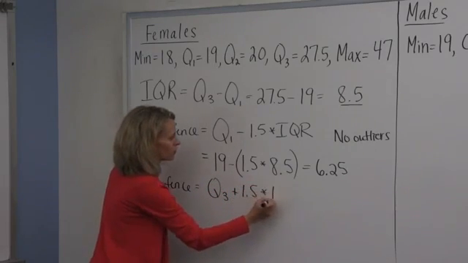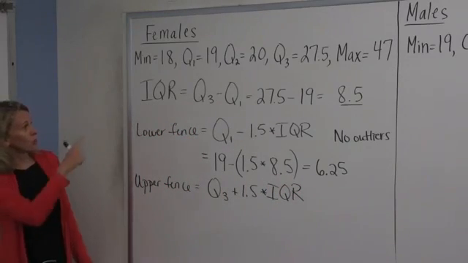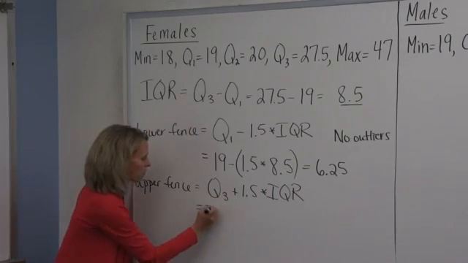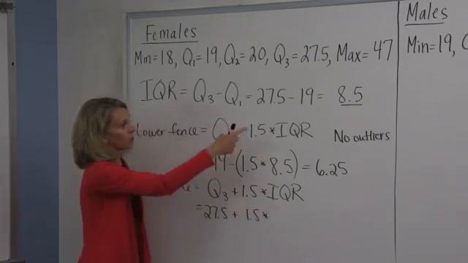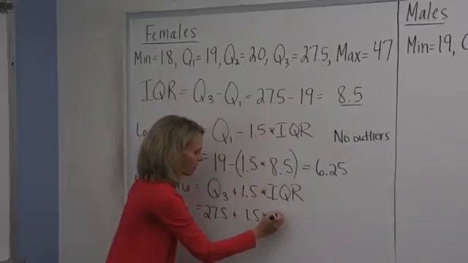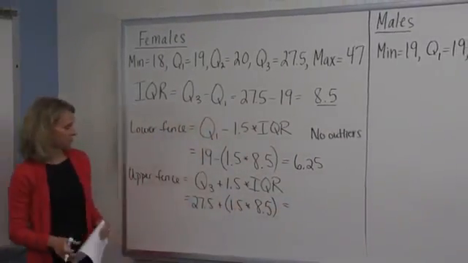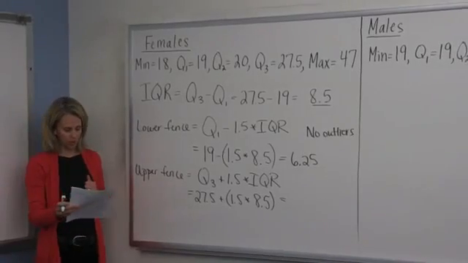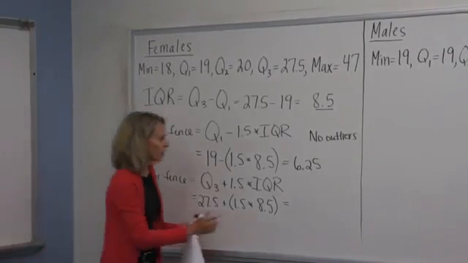So here was our formula. Q3 was 27.5, and we add to that 1.5 times the interquartile range, which was 8.5. If you do that computation, we find that the upper fence is 40.25.